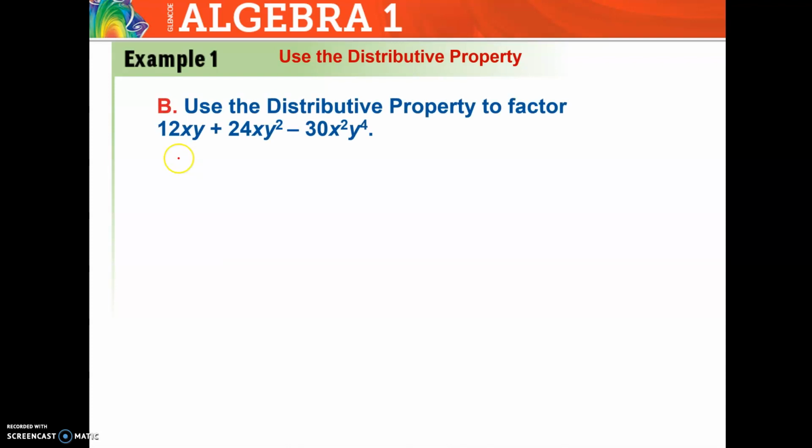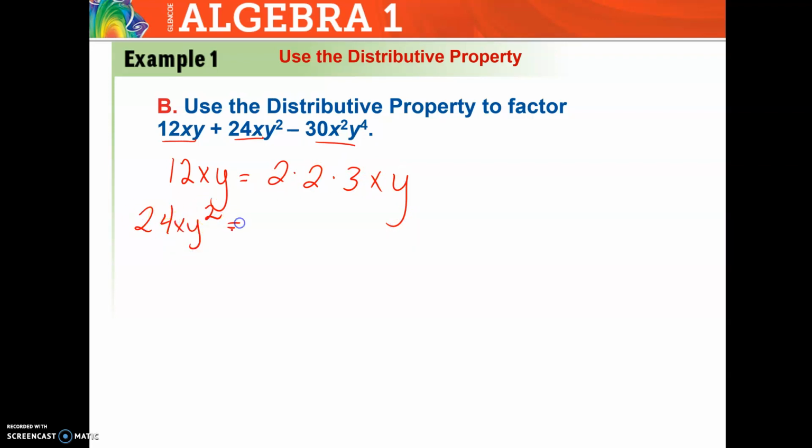So here I have 3 terms. So I'm going to take each one and I'm going to factor them. So 12xy factors into 2 times 2 times 3, x and y. 24xy squared factors into 2 times 2 times 2 times 3, xy times y.